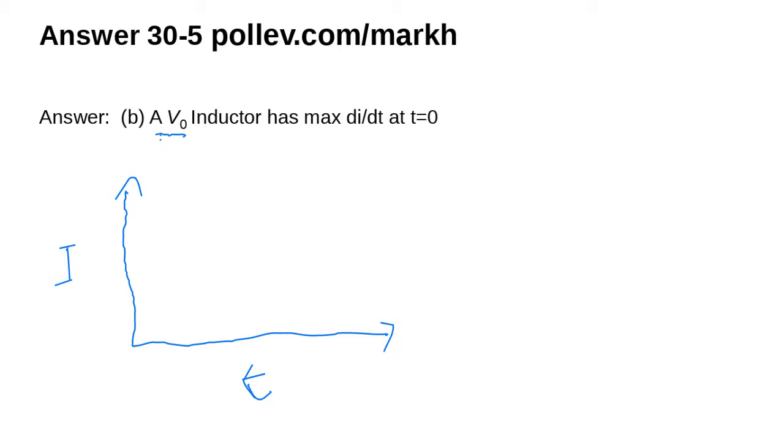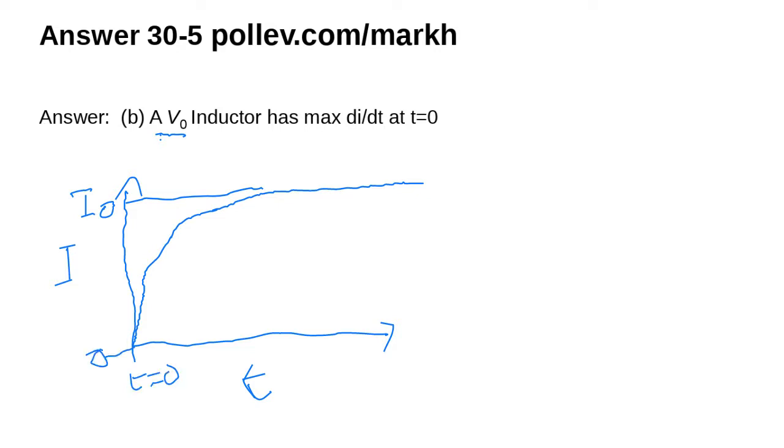It starts at 0, increases rapidly to start with, and then that increase gradually slows until there's no increase at all, and we reach some steady current, I0. So that's t equals 0. We start at 0 current. So as we progress over time, we reach a steady current. There's no change in current.